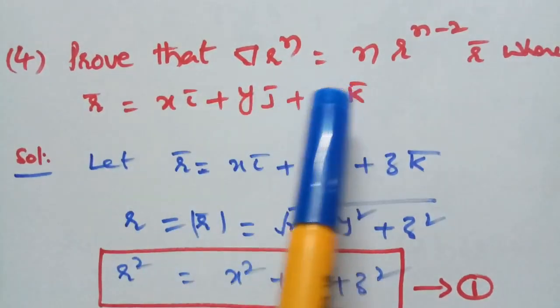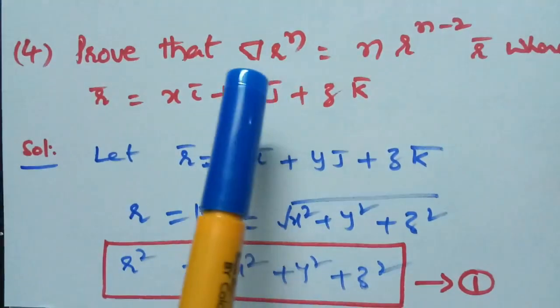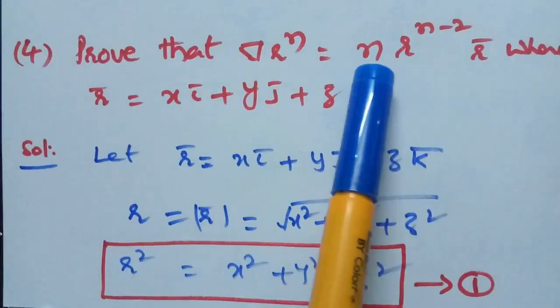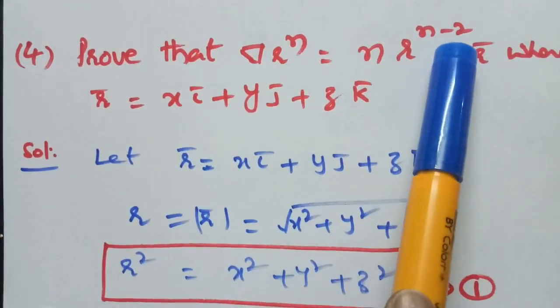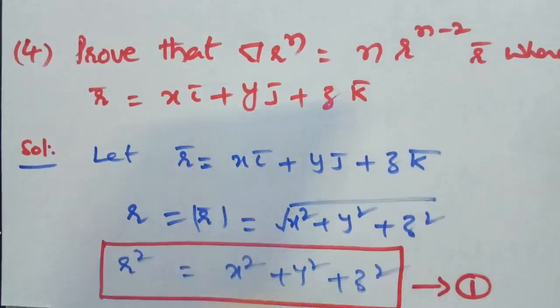In the previous topics, we already proved that del of r power n is equal to n into r to the power of n minus 2 into r bar.